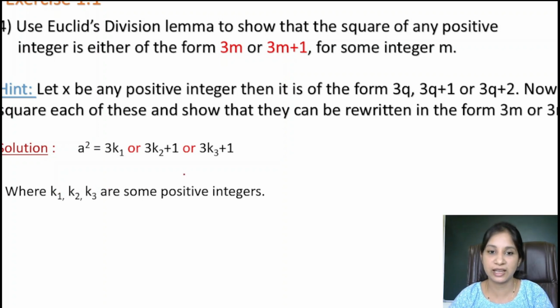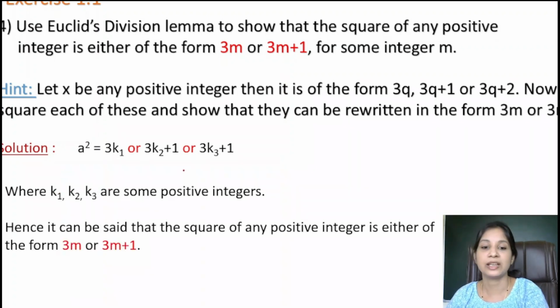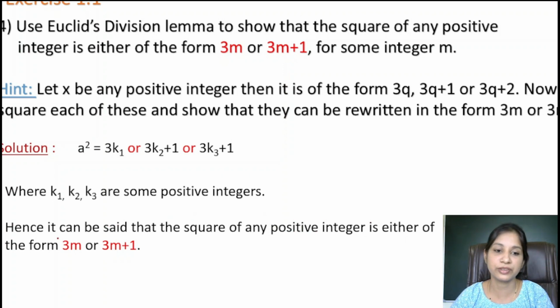Now we can directly say that the square of any positive integer is either of the form 3m or 3m plus 1. Here they are considering m as k1, k2, k3 for some positive integer. So you can only express it in the form 3m or 3m plus 1.